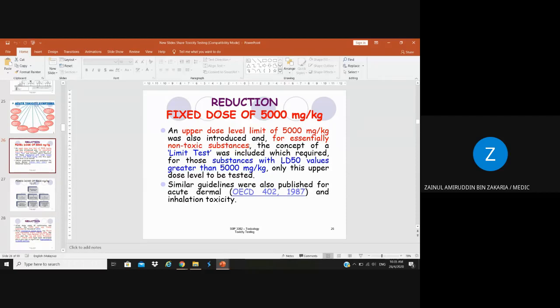Normally this is for plant extract. For my research, for example, I use this because I'm trying to avoid using a lot of animals. So I just use 5,000 mg per kg of my extract and give it to 6 animals. If nothing happens to the animals, no sign of toxicity, no sign of mortality, then I consider that doses below that are safe for consumption.